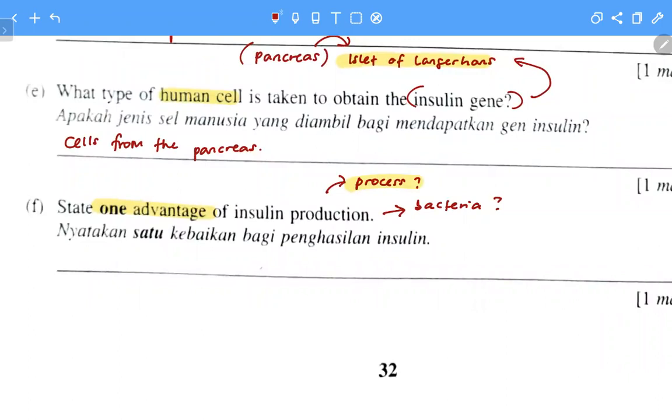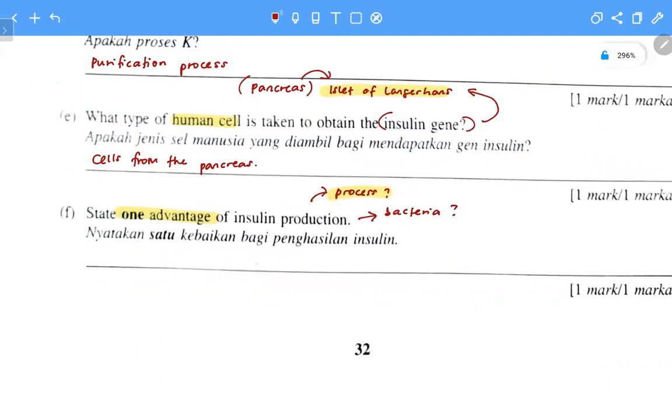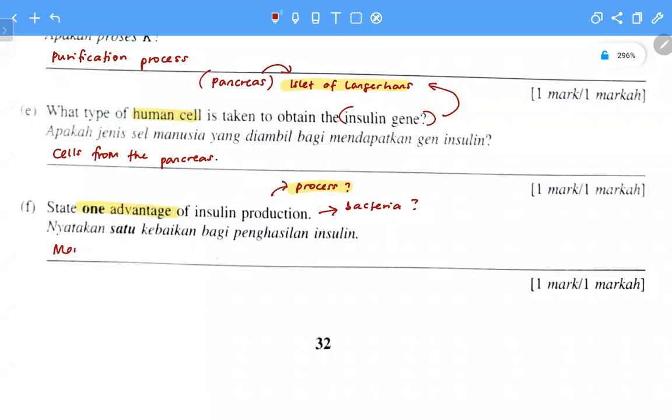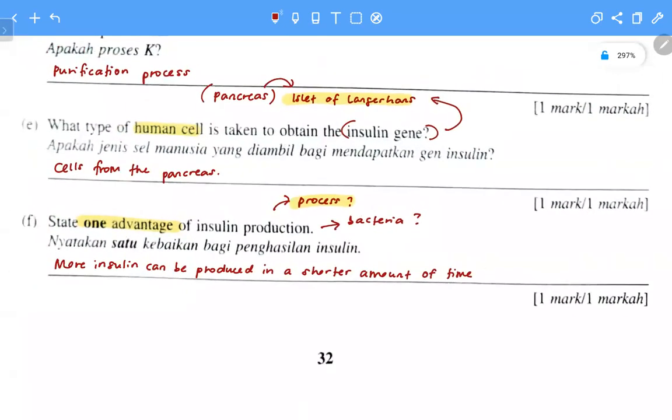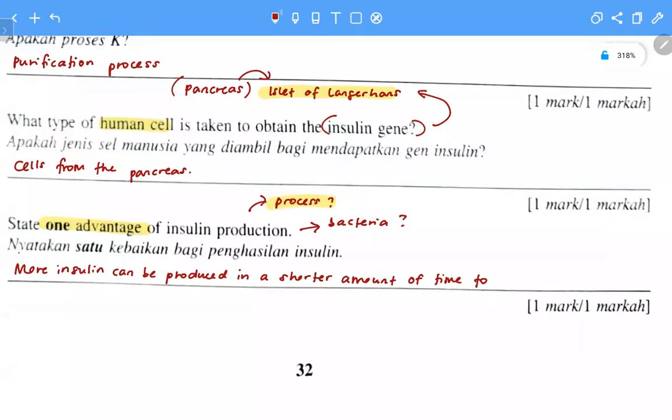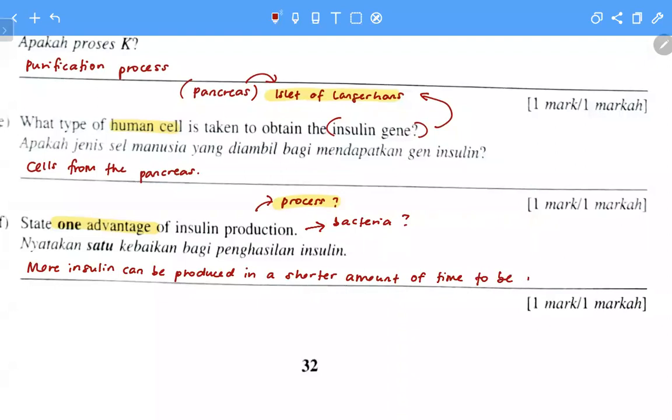So meaning to say, okay lah, we'll put it here as more insulin can be produced in a shorter amount of time to be given to people with diabetes.